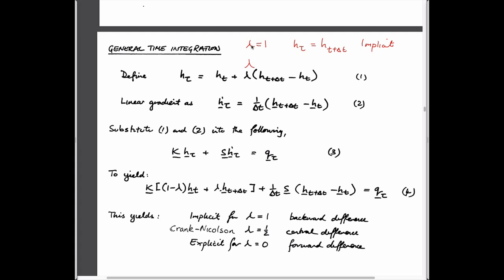If lambda is equal to 0, then this is 0, then h tau is just equal to ht, which is explicit. And if we choose an intermediate value, say a half, we end up with Crank-Nicholson.